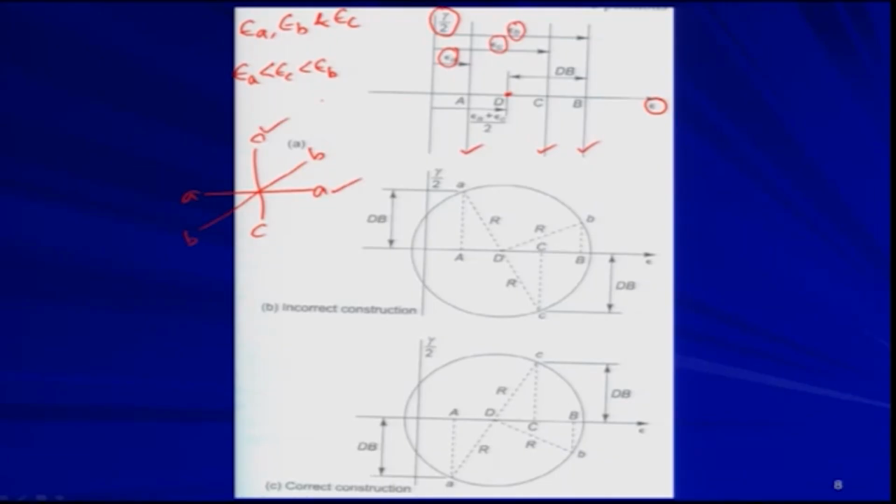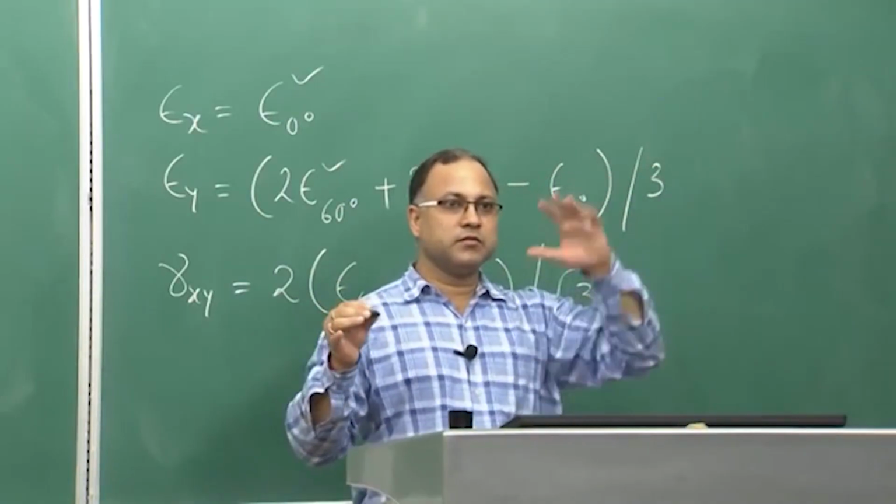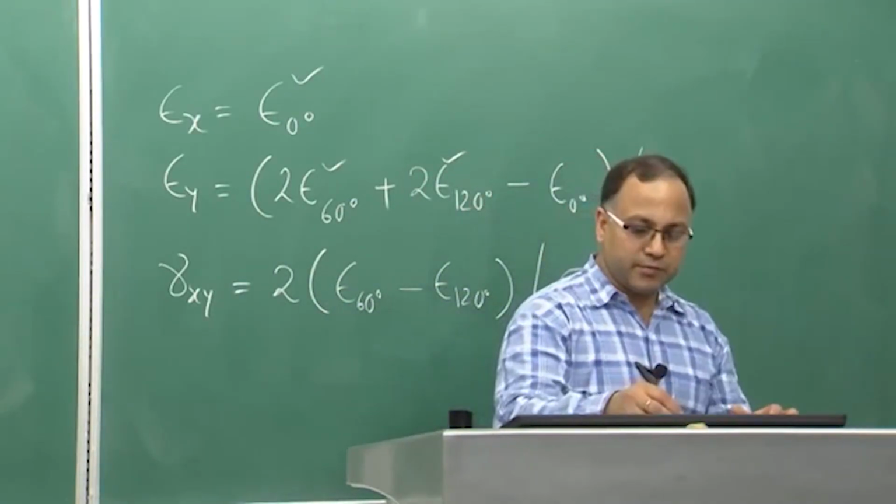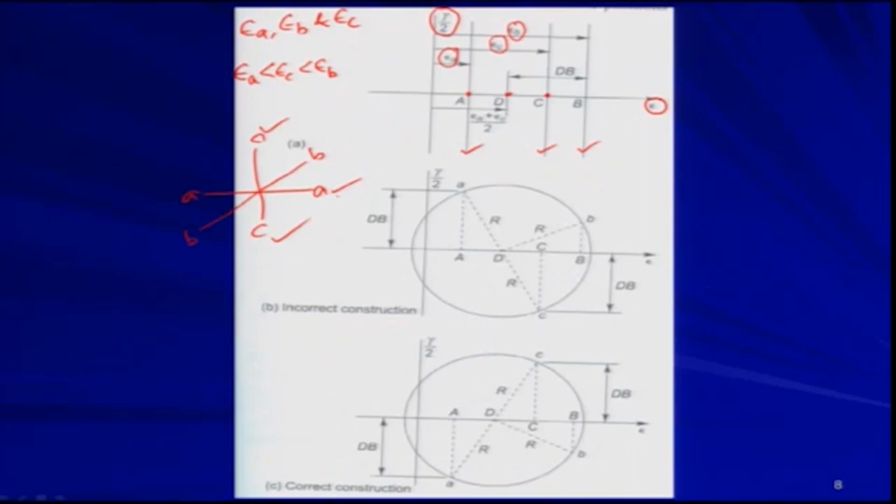So, you locate the point D such that it is the midway between point A and C, which are actually perpendicular axes in the coordinate system as shown here. Once you locate point D, you measure dB.